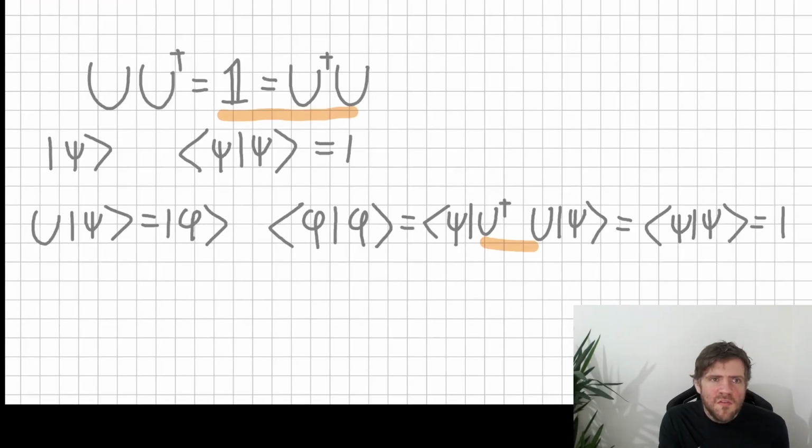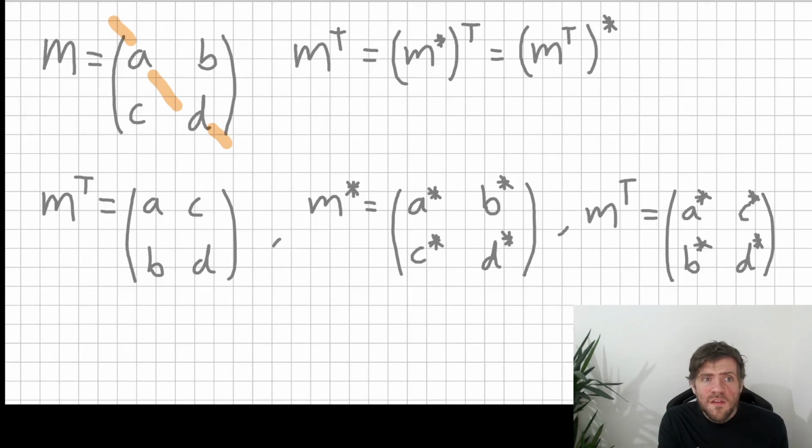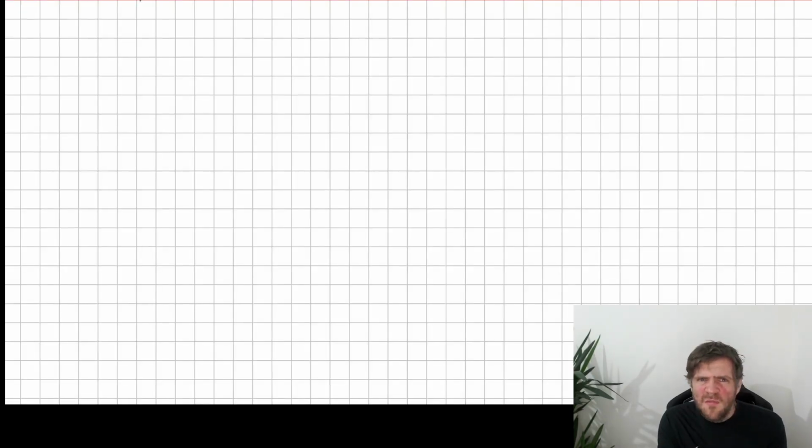Now let's move on to the other special kind of matrix, which is defined in relation to the hermitian conjugate. And they are hermitian matrices.